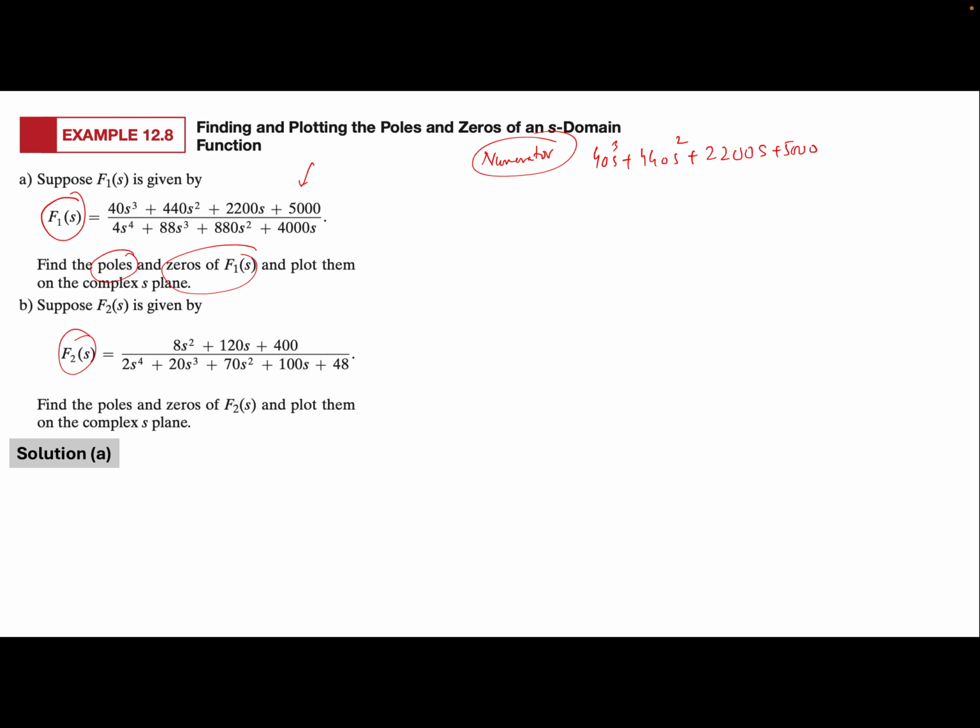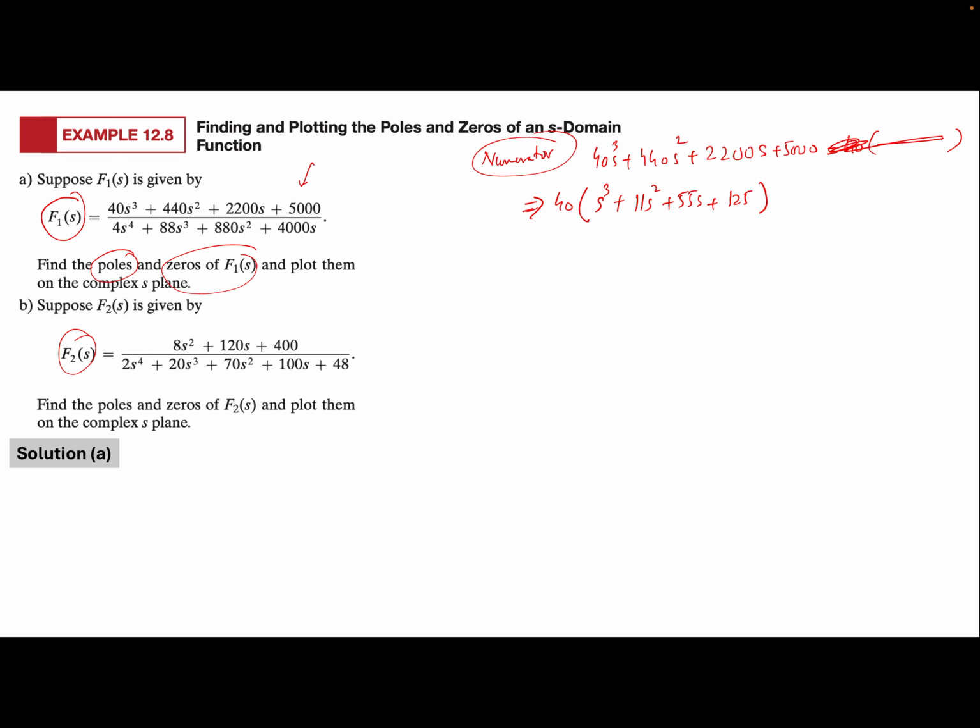The very first thing I'm going to do is take 40 out. So this equals 40 times (s cubed plus 11s squared plus 55s plus 125).